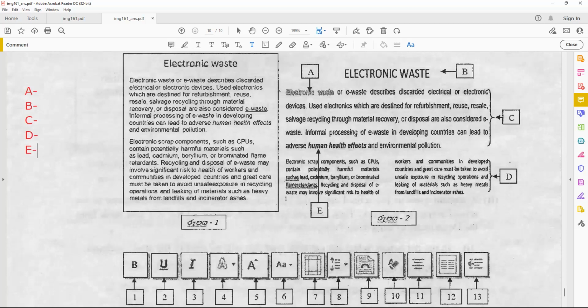Text effect. Yes, so that could be the fourth one, correct? Most of you have done. So what is B then?